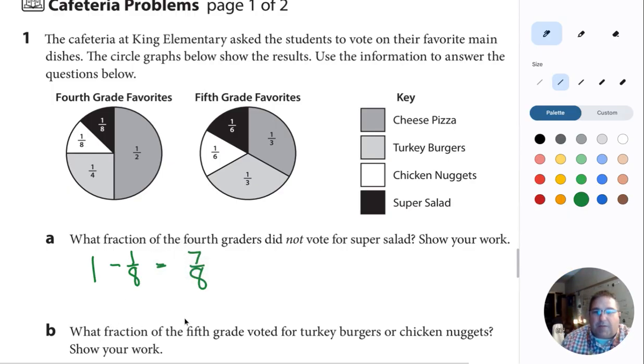And then how about B? What fraction of 5th graders voted for turkey burgers or chicken nuggets? And this one we're going to add those two pieces together. So 5th grade, turkey burgers, right here. Okay, 1/3. You can look at the chart. And the nuggets are in white.